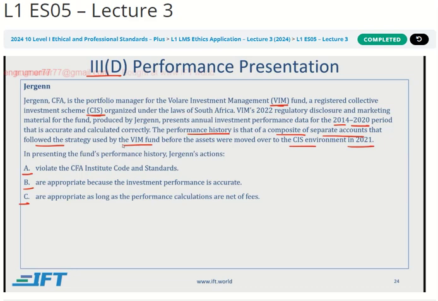It is the performance history of a composite of accounts that followed a similar strategy or the same strategy. Now, this fact is not being disclosed, which means that the performance presentation is not 100% complete. And since it is not complete, it is a violation of the code and standards. And so A is the best answer.